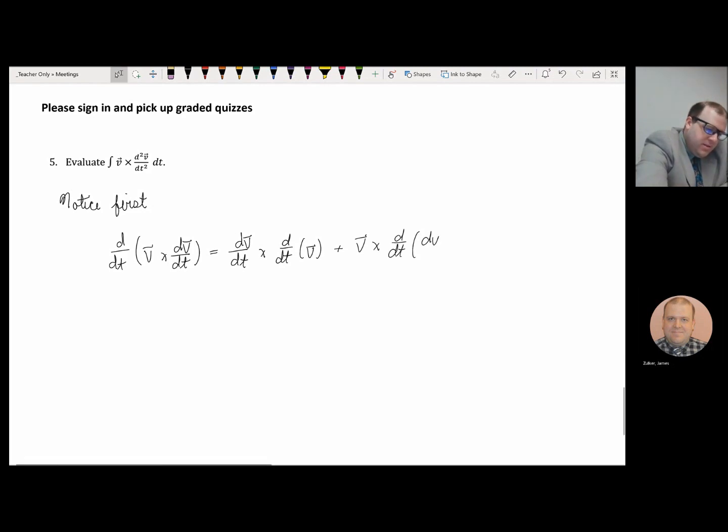We wind up with dv dt cross dv dt, right? And then plus v cross the second derivative of v with respect to t.